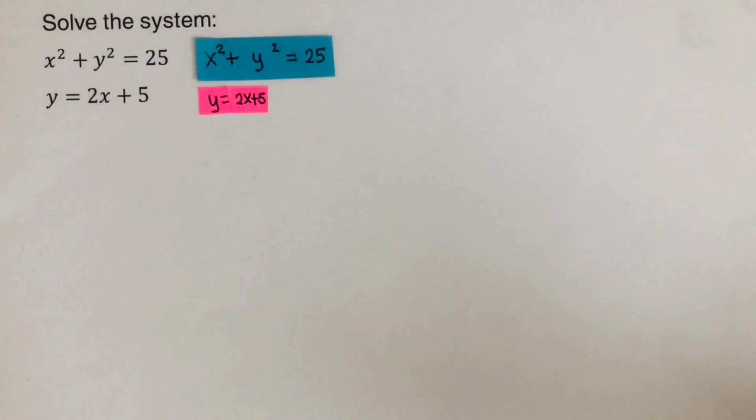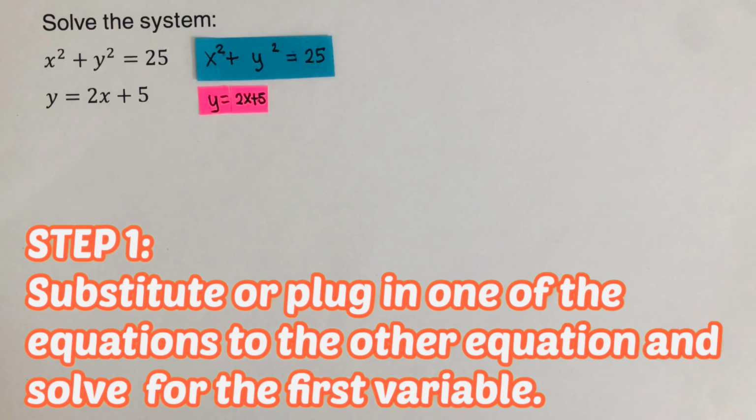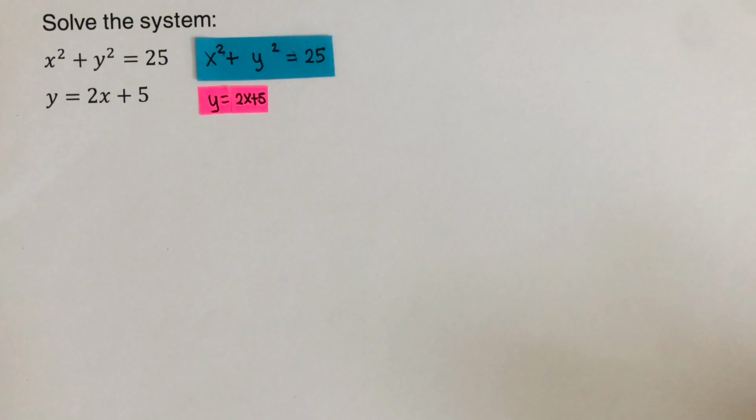The first step in solving problems involving systems of equations is that we substitute or plug in one of the equations into the other equation and solve for the first variable.